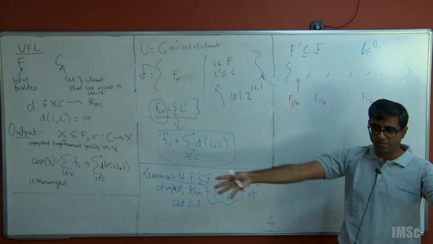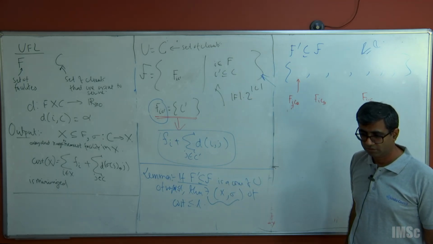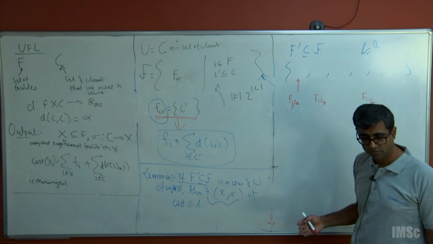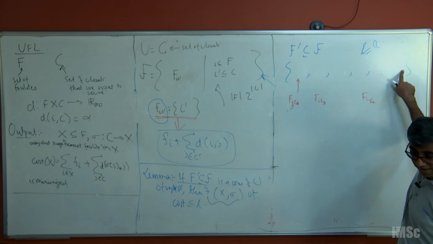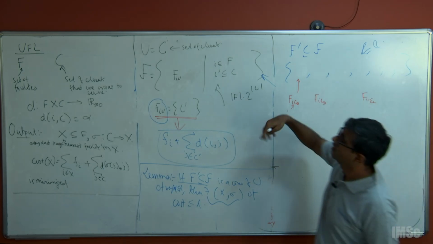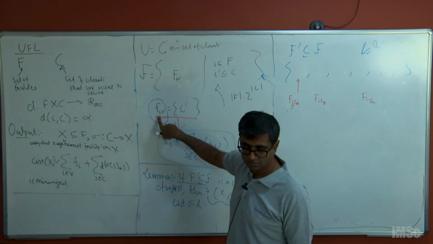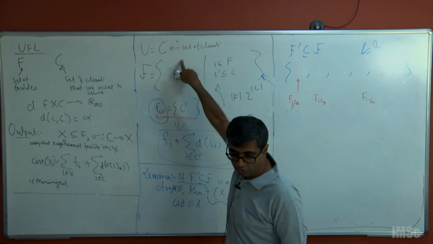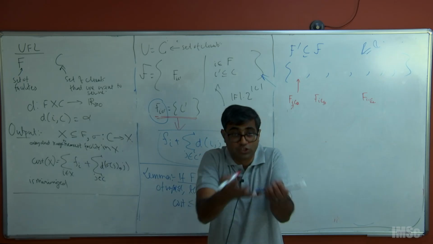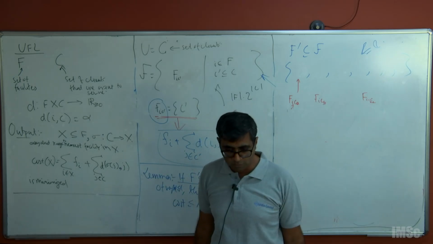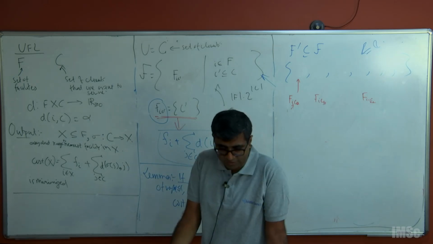So you have given me some set family. Do you understand that in this F prime there could be several sets with the same first index i? Because it's just a set cover, what is my goal? Give me some subfamily which covers all this. It is not going to bother what i is.